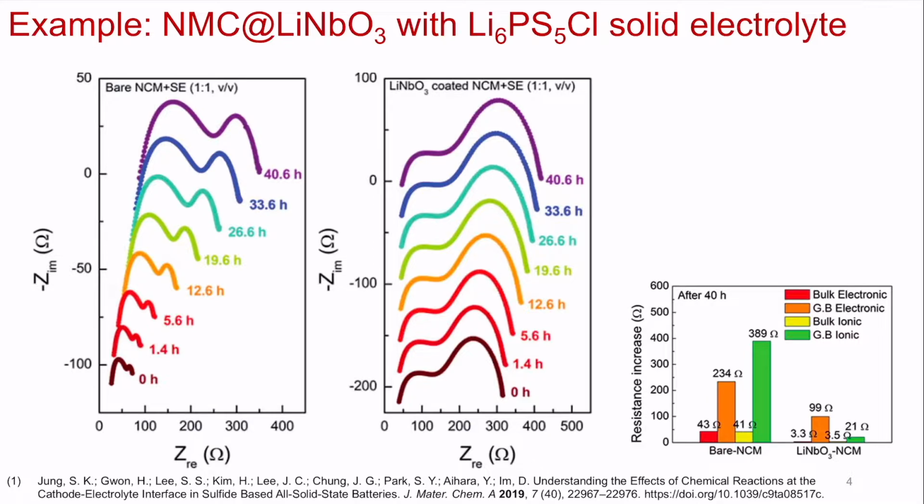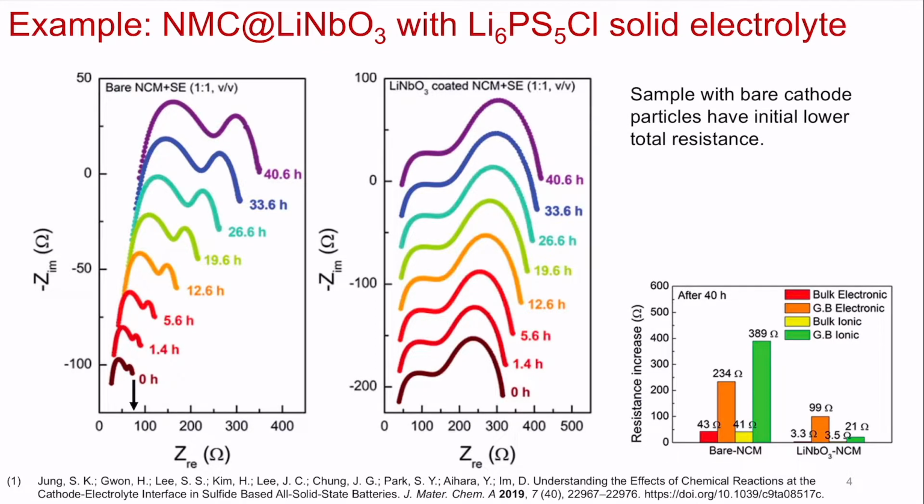And you can do this systematically for not only lithium niobate, but obviously for other oxide solid electrolytes before you interface with a sulfide solid electrolyte, or an argyrodite or what have you. You can break down all of these components.